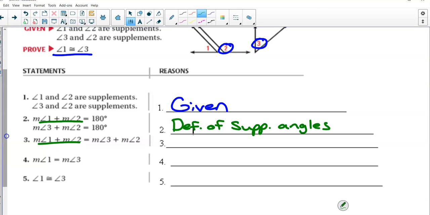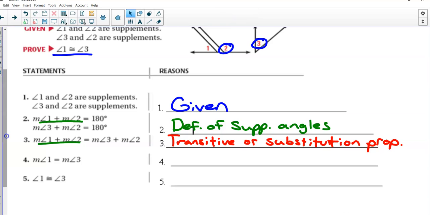We know that 180 also equals angle 3 plus angle 2. So that's the transitive property or substitution. Depends on how you're running it through your mind.